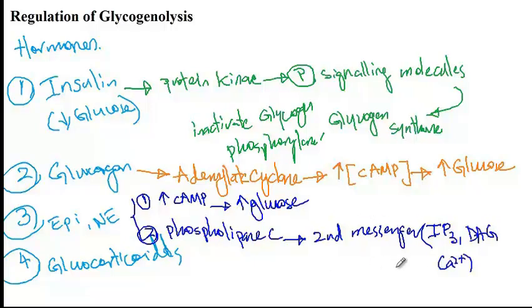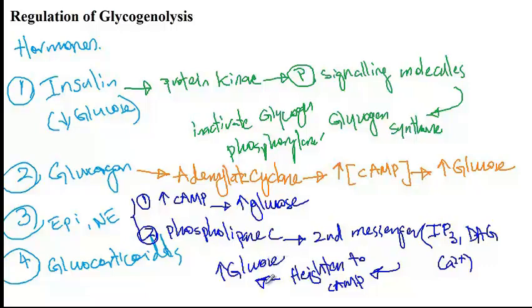What these second messengers do is reinforce the cell's response, so heighten the cell's response to cyclic AMP, as a consequence of which now enhance glycogen breakdown and increase glucose concentration.